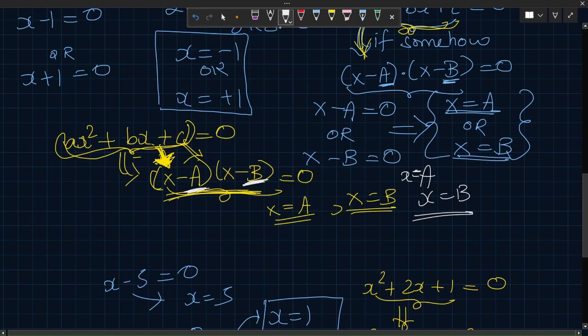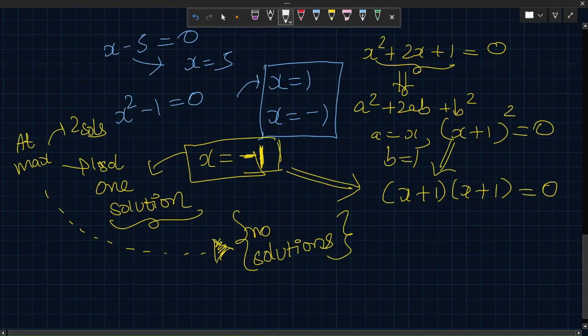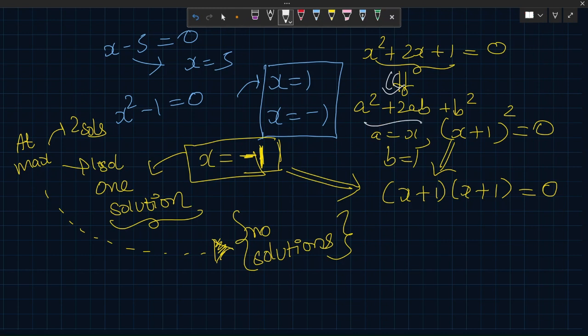So one way is you rewrite this in this form so that you get a solution. Or as seen here, if I can write this as a square plus 2ab plus b square, that can be just rewritten as a plus b the whole square.